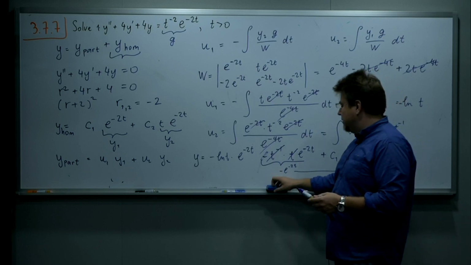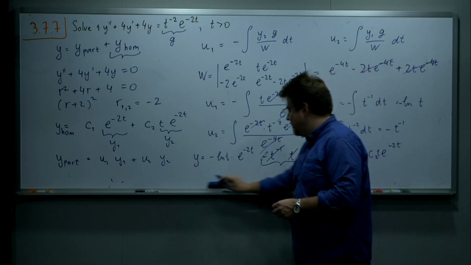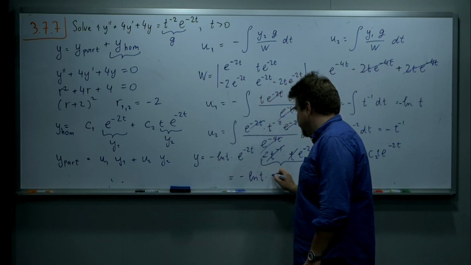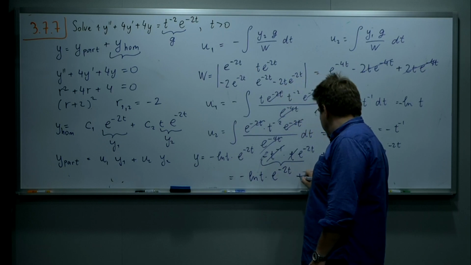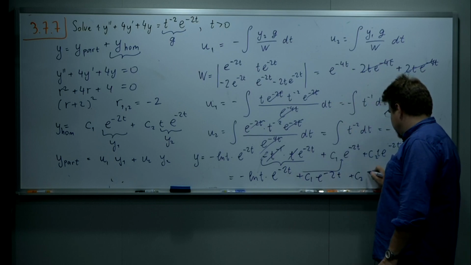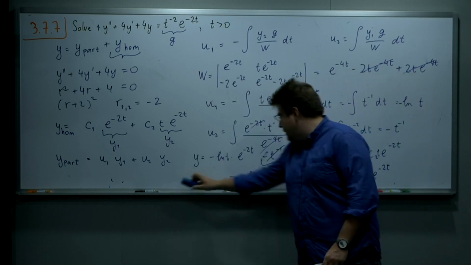My point being is that we don't really need this. And the final answer should be just minus ln t times e to the minus 2t plus c1 e to the minus 2t plus c2 t e to the minus 2t. This is the final answer.